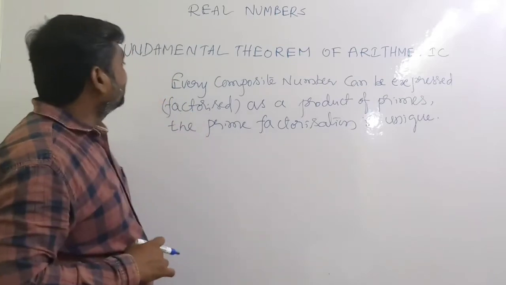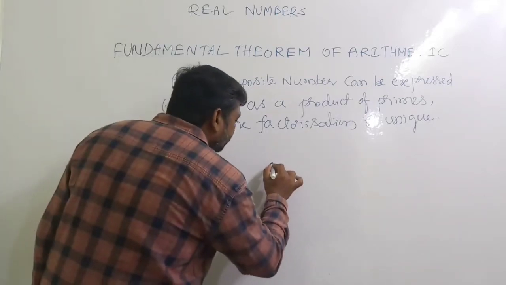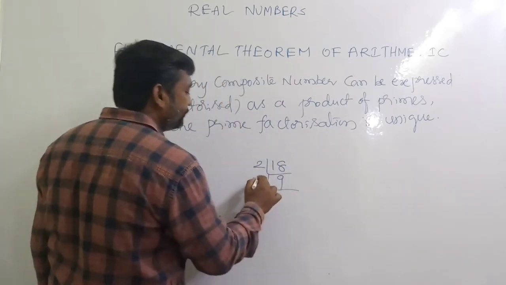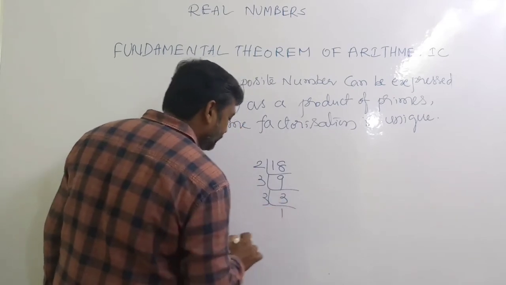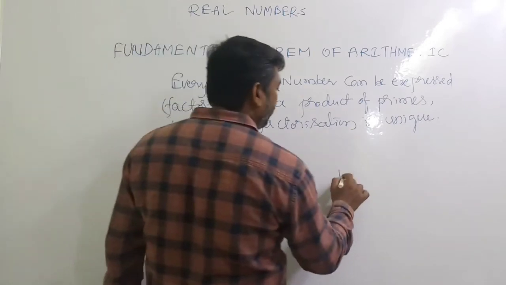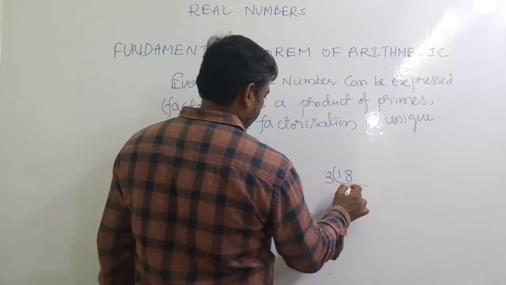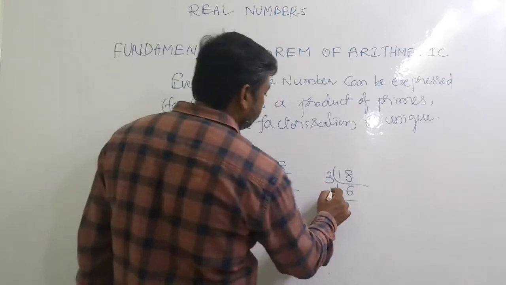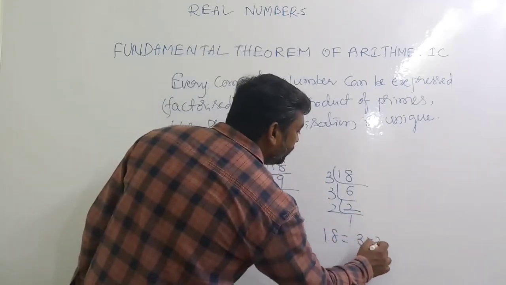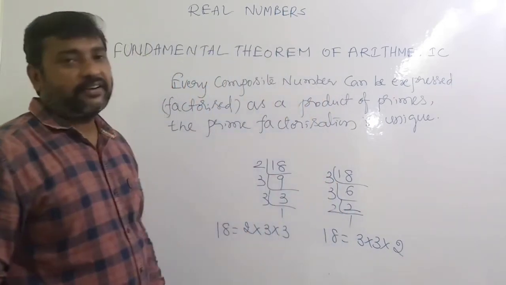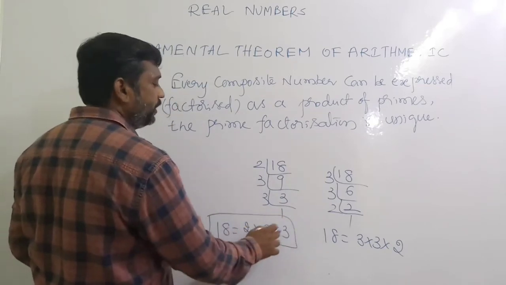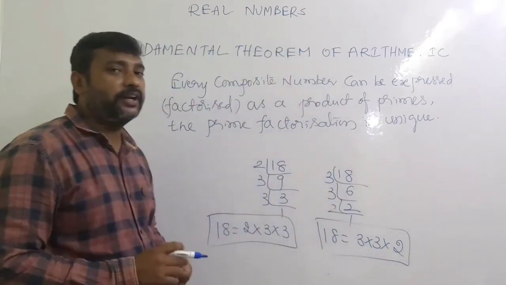Let us take an example. 18 can be written as 2 times 9, and 9 can be factorized as 3 times 3. So 18 is equal to 2 into 3 into 3. Also I can write 18 as 3 times 6, and 6 can be written as 3 times 2. So 18 is equal to 3 into 3 into 2. This is the factorization of the same number, but in the first case we have 2 into 3 into 3, and in the second case 3 into 3 into 2.